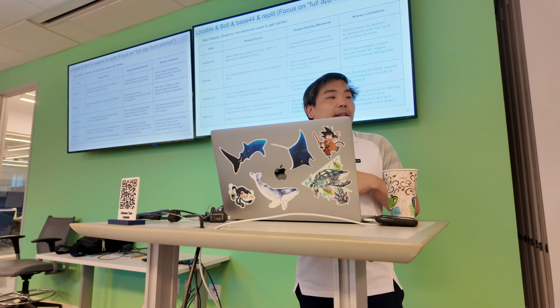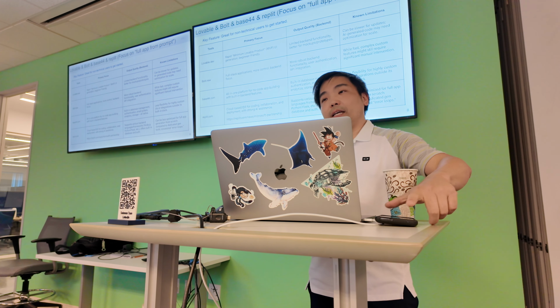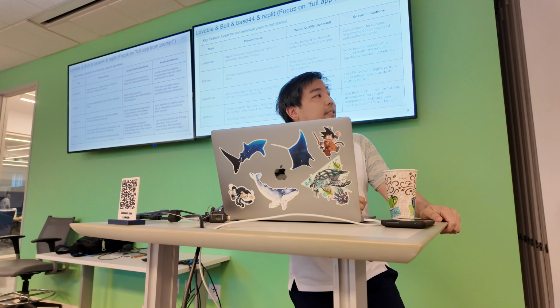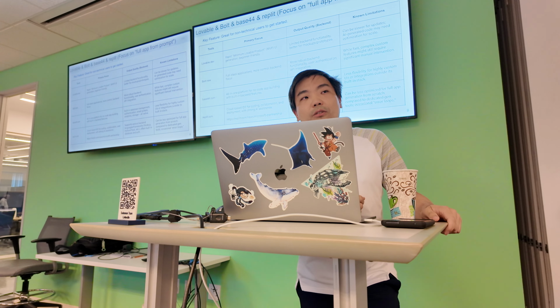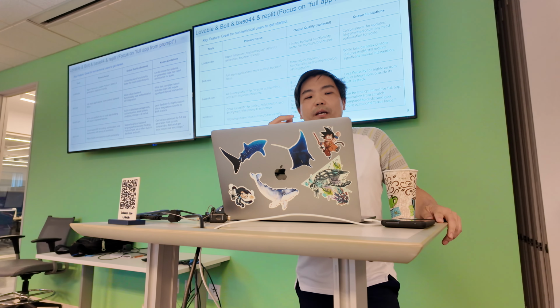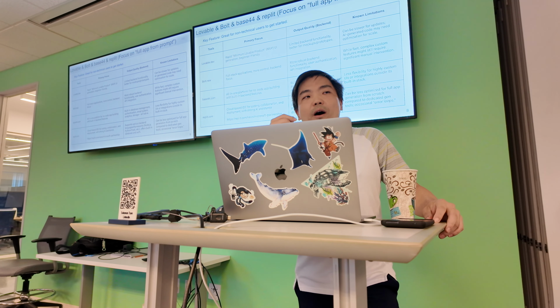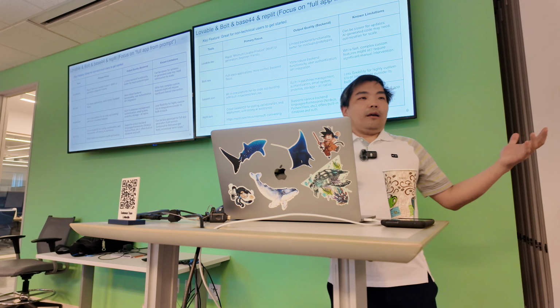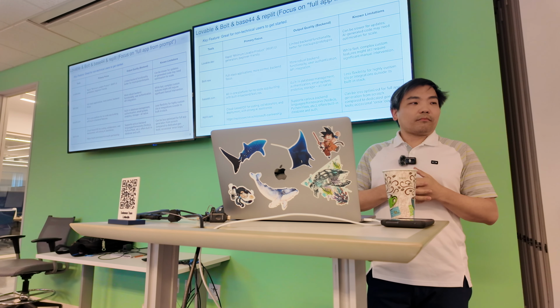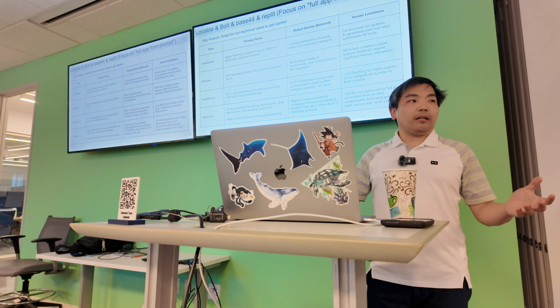Base 44 is actually better for app building, by which I mean mobile applications. Replit is the same thing, for mobile applications. Mobile apps are a little bit different because if you want to distribute your app, you need to register your own account with both the Google app store and the Apple App Store before you can release it to the general public.